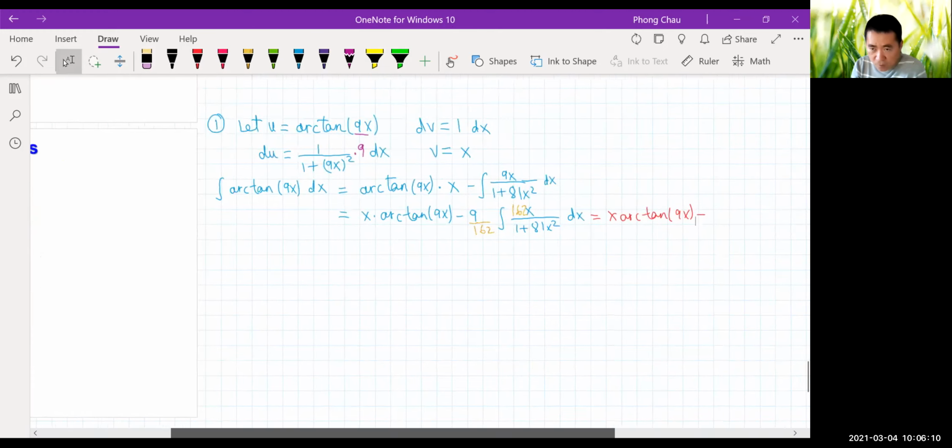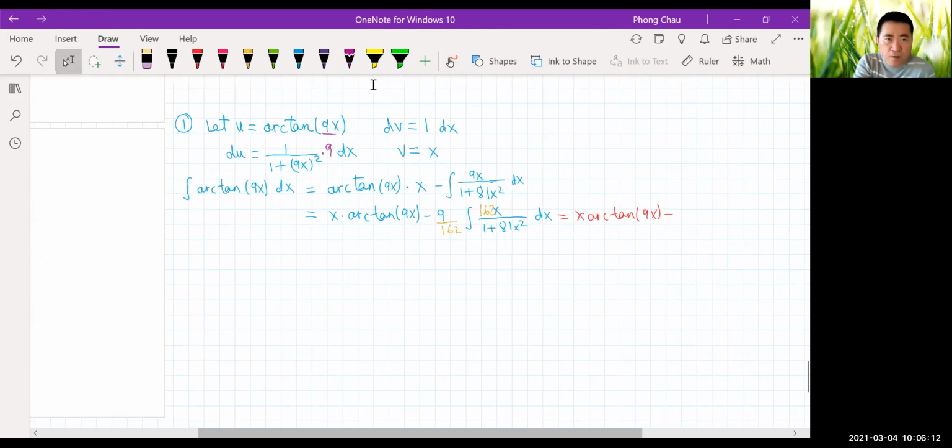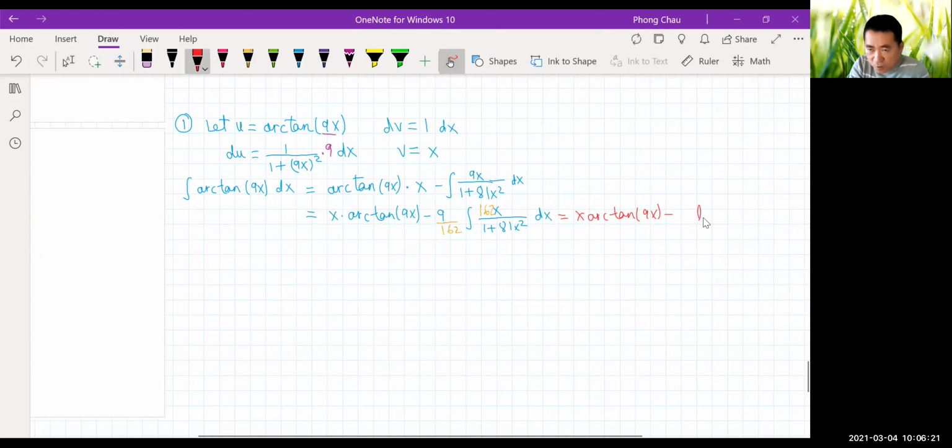Look here. This is the natural log of the denominator, which is 1 plus 81x squared, plus c.